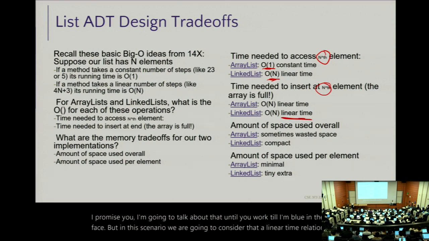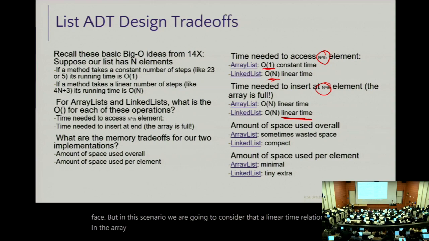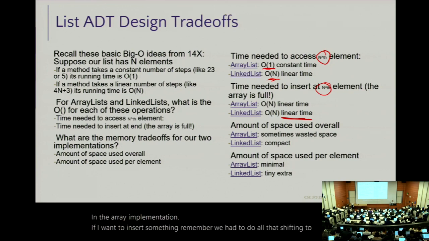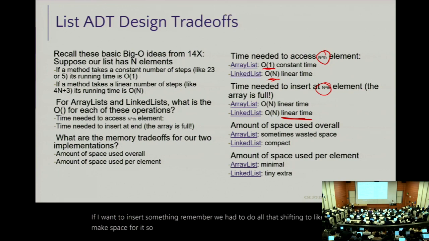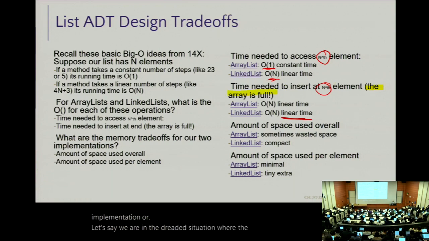In the array implementation, if I want to insert something, remember we had to do all that shifting to make space for it? So I had to touch a bunch of other elements in order to make space for something. That's one of the scenarios with the array list implementation. Or let's say we are in the dreaded situation where the array is full.